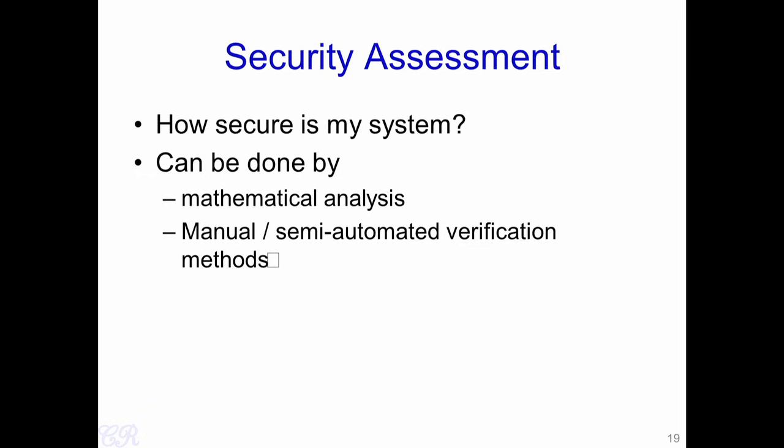So, let us say now that we have our system filled with the processor, the various resources and the operating system which manages these various resources and also manages the applications that execute on the system. So, how do we assess the security of the system? There are 2 ways in which this is generally done: by mathematical analysis or by manual or semi automated verification techniques.